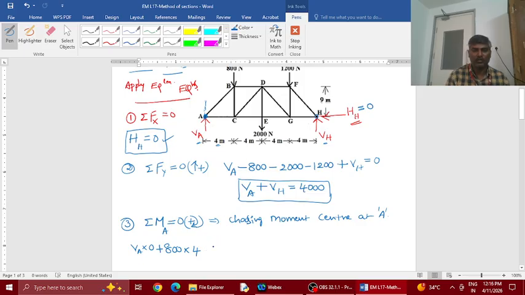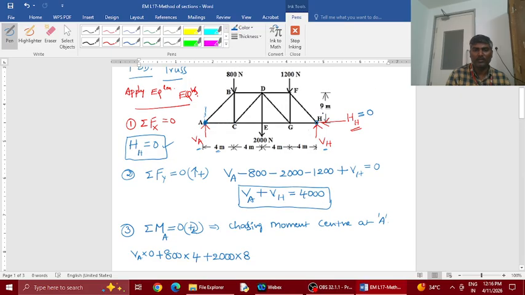Okay, coming to 2000 multiplied by, this is the line of action from A, perpendicular distance is 8 meters. Direction, again, line AE, how is it being rotated? Clockwise. So plus. Coming to 1200 Newton here.